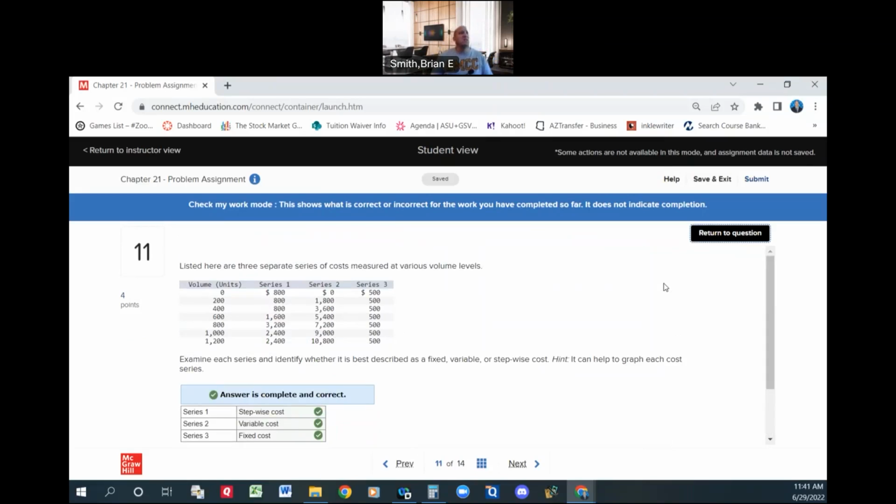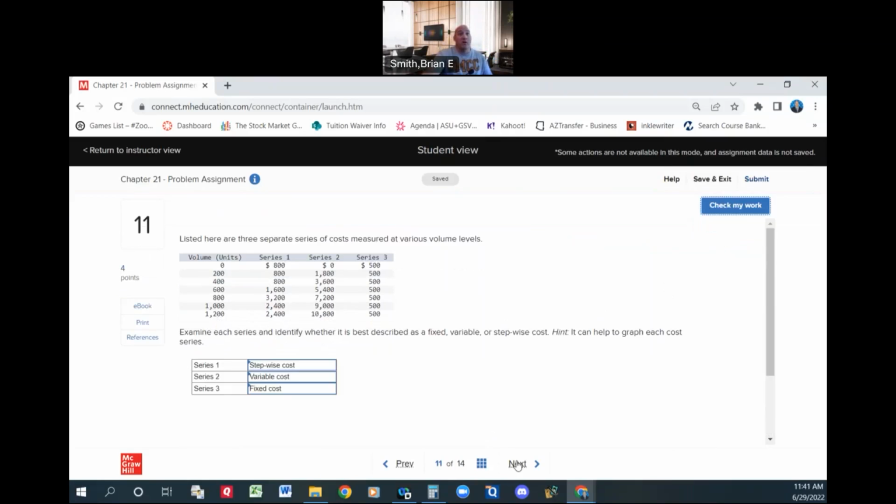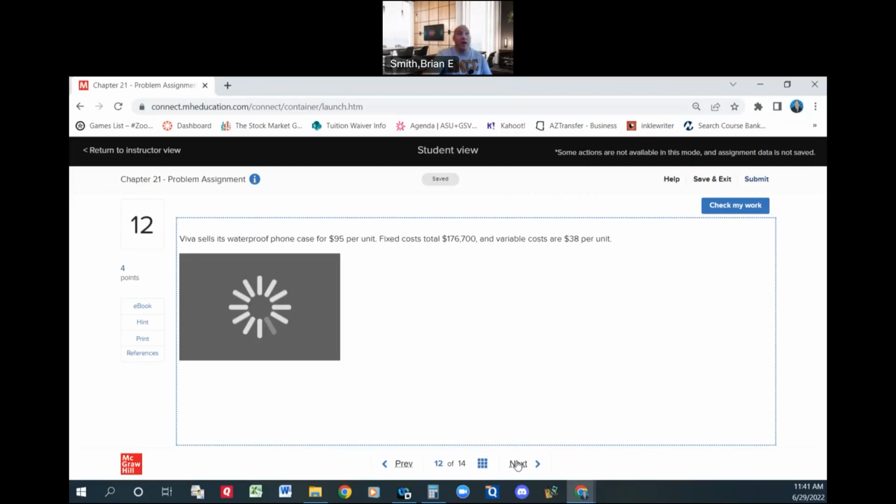Then if you make 600, 200 more, it goes to 1,600. And if you make 200 more, it goes to 3,200. Then if you go higher, to 1,000, it goes down. I guess stepwise can go down, but that doesn't make sense. Typically, costs increase as you make more in total using stepwise. Whatever, okay? We got it right.